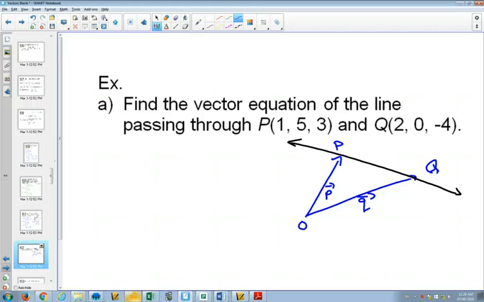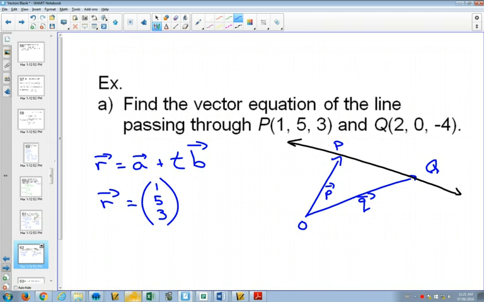So writing our equation of our line, we need a point to start, and you could choose P or Q. I have a habit of always choosing the first point.